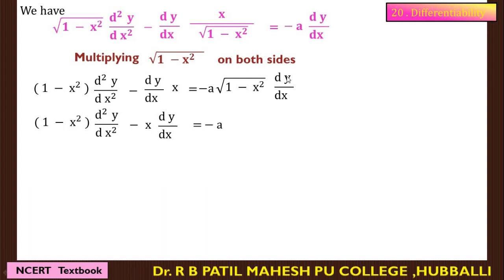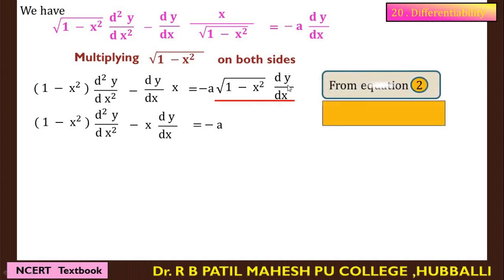Now from equation 2, root of 1 minus x square dy by dx is given by minus ay. So therefore substitute here minus ay. In this way you have to identify the substitutions in the solution. Functions you have to identify and replace.